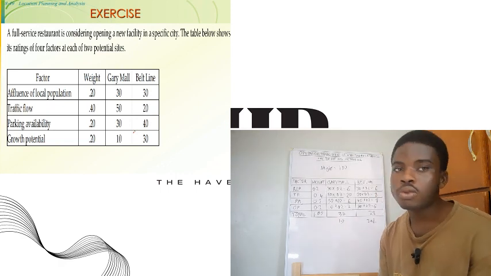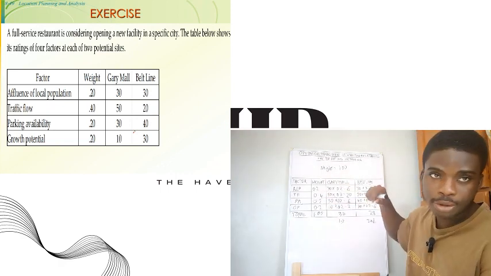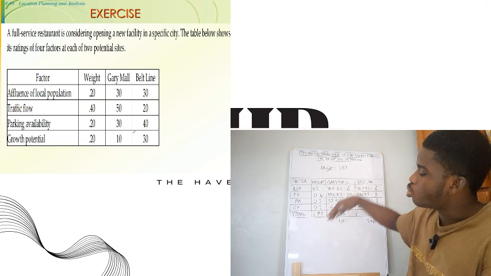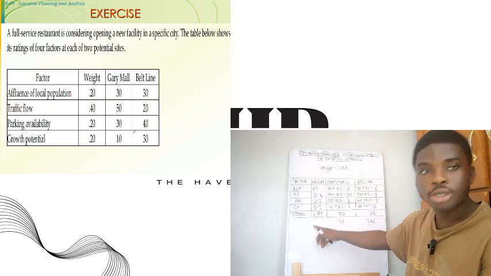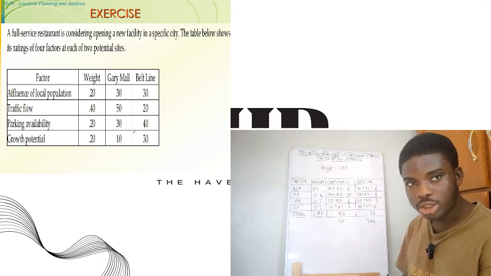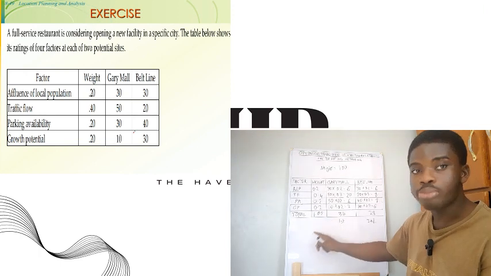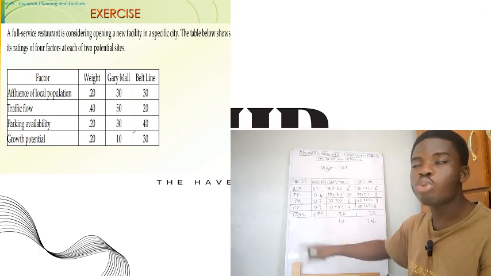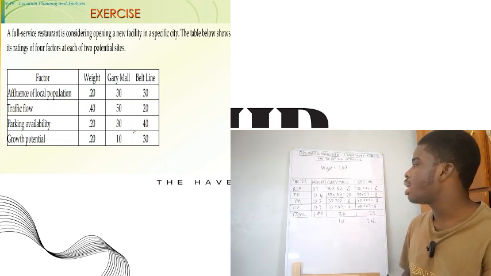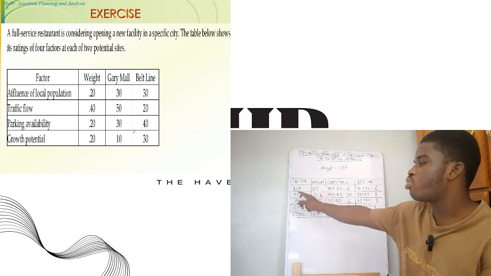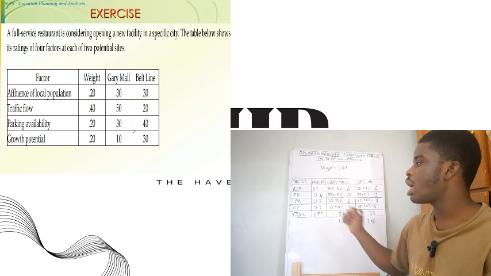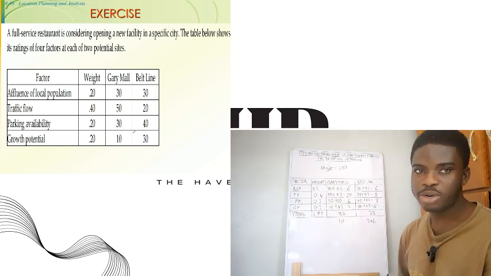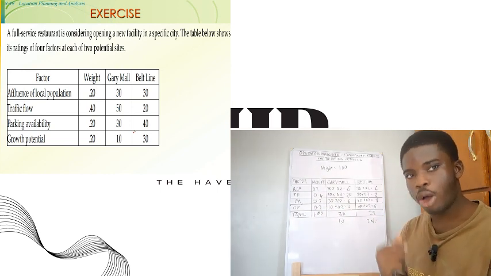Now, sometimes you can have another question. Say A, determine the best location. And then there will be a B, and they'll tell you: what will happen if the weights for traffic flow and parking availability were switched?